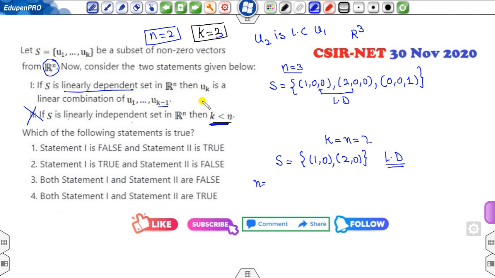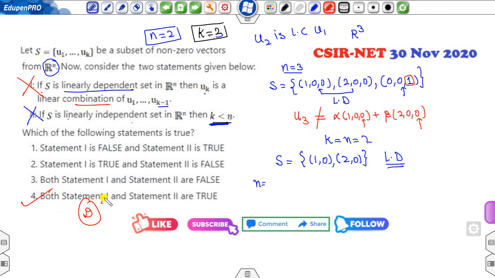This condition is satisfied. Then uk means u3. Can you write u3 as a linear combination of these? No. Why? Because you can see the last two elements are 0, but we need a 1. So this can never be written. So that option is also cancelled. Both these statements are false; that is the correct answer. You should always start from the smallest number. If any option is discarded, fine. Otherwise, choose the higher number.